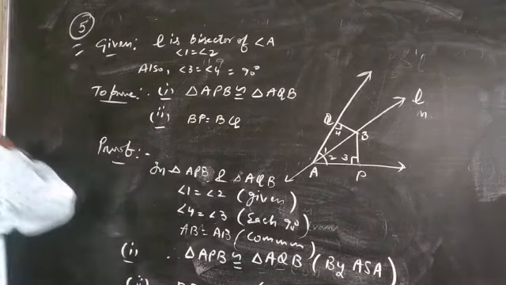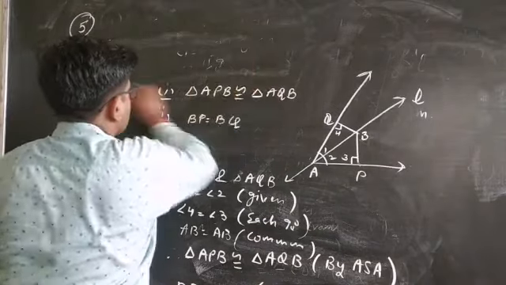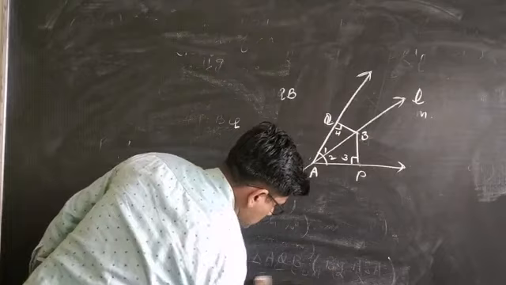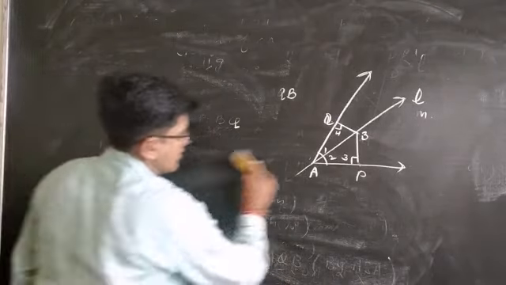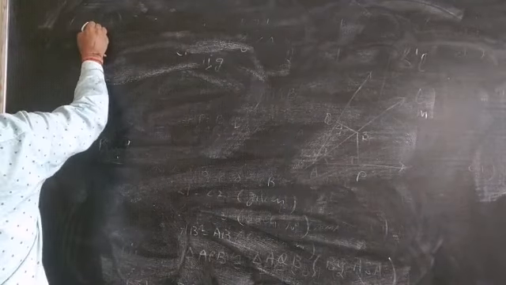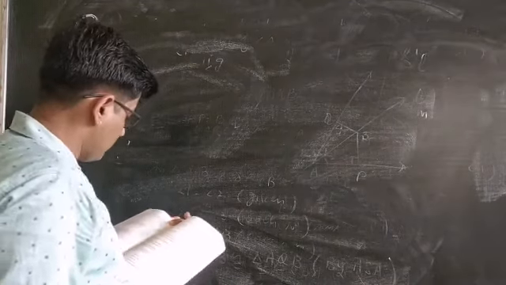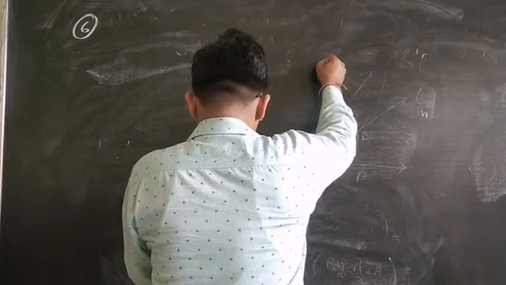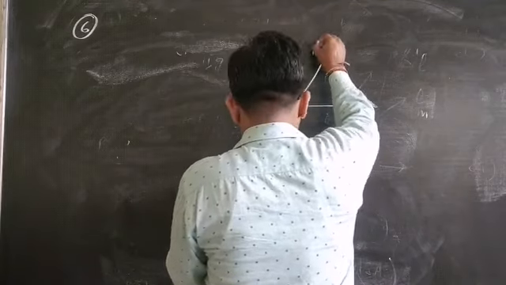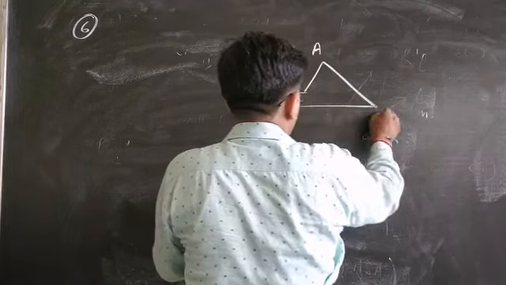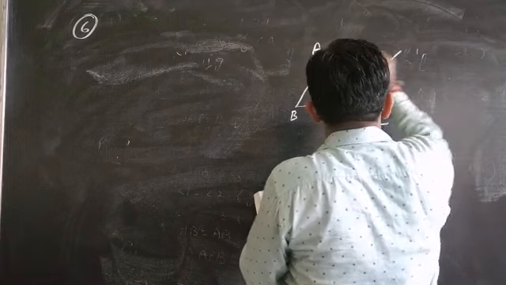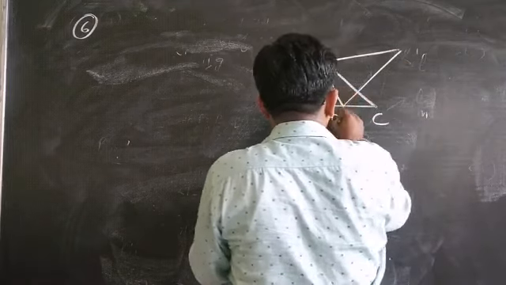Question number 6. In question number 6, again one diagram is given. One triangle ABC and the other triangle ADE.